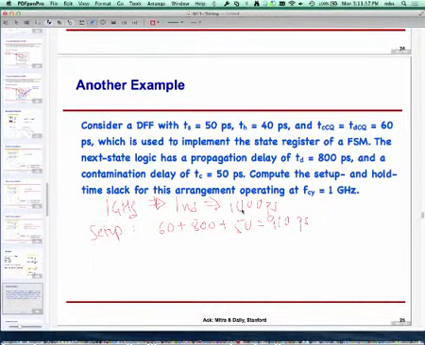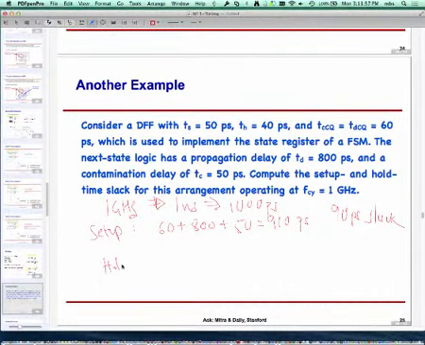I can make the clock faster by 90, so roughly 9% faster, and still be okay. So that's the setup time. So we have 90 picosecond slack.